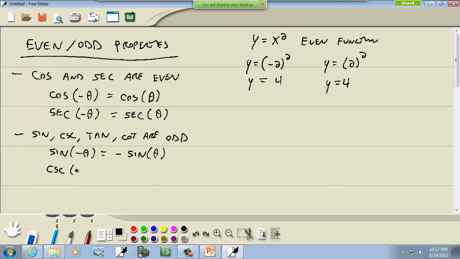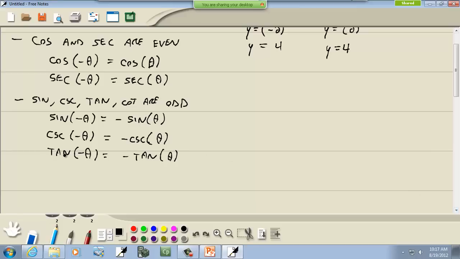So we got cosecant of negative theta is equal to negative cosecant of theta. Tangent of negative theta is equal to negative tangent theta. And cotangent of a negative theta is equal to negative cotangent theta.